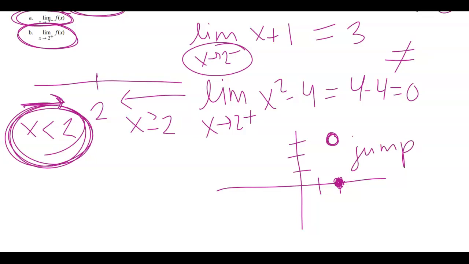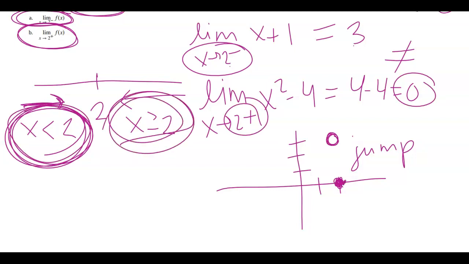Even if you really don't know what parent function graphs look like, which you should at this point, that's kind of okay. You can plot the point (2, 3) with an open circle because of the domain. You can plot the point (2, 0) with a closed circle because of the domain and be like, oh, those aren't the same number. I'm going to have a jump discontinuity at x equals 2.